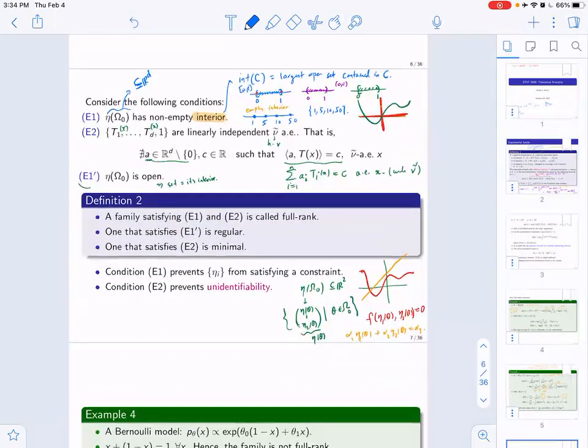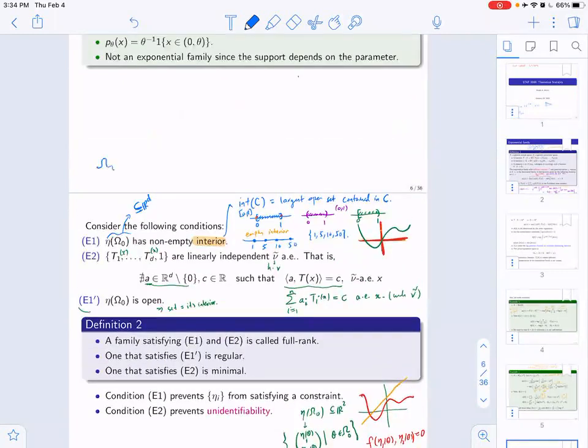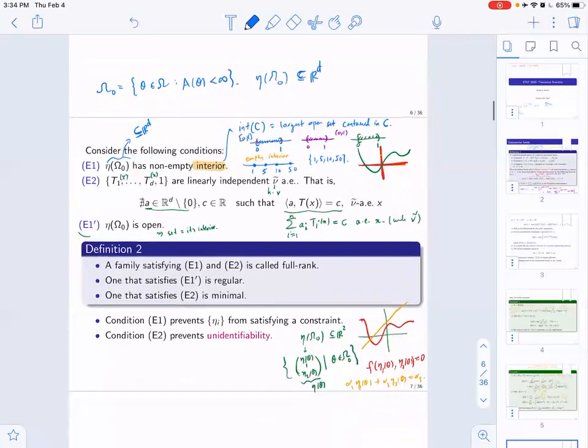When we started talking about these conditions, that actual parameter space is the set of all thetas such that A(theta) is finite. And I'm going to assume that this Omega naught is a subset of R^d, where d is the dimension of the family. So we're going to assume that this has an open interior, or in some cases it is open.